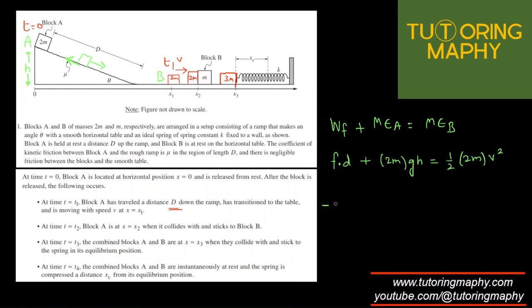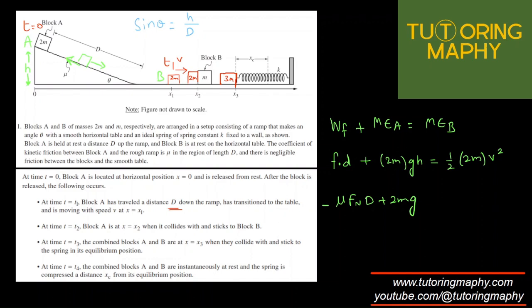What is friction? Friction is mu times the normal reaction. And what is D? D is capital D. Now, what is h? For h, I think we need sine, because sine of theta is opposite over hypotenuse, so sine of theta is going to be h over capital D.